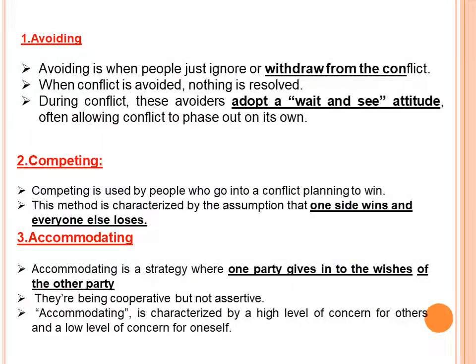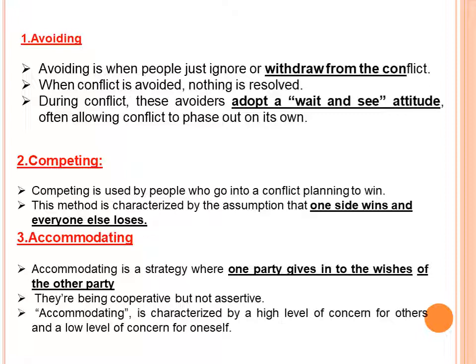Let me now give you the highlights of these 5 methods of conflict resolution. Avoiding is simply a wait and see attitude in solving a problem. Competition is all about one party wins and others lose.